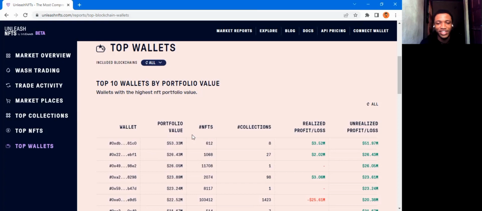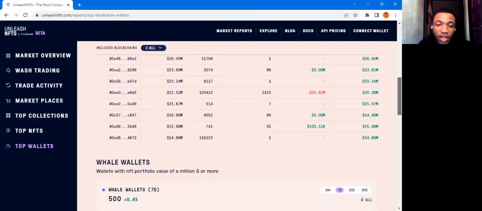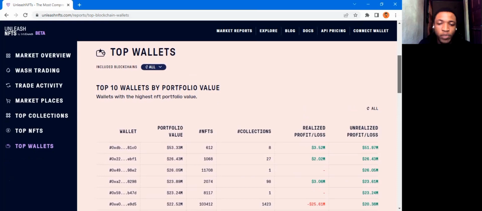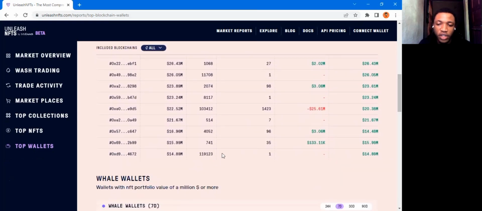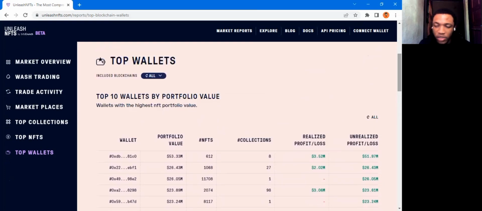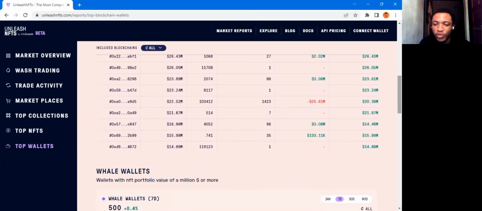Wow, 612 NFTs. This data displays just the top 10 wallets, not the top 20 this time. So you get to see the top 10 wallets, judging by portfolio value.